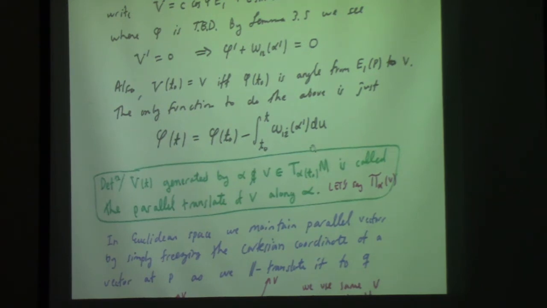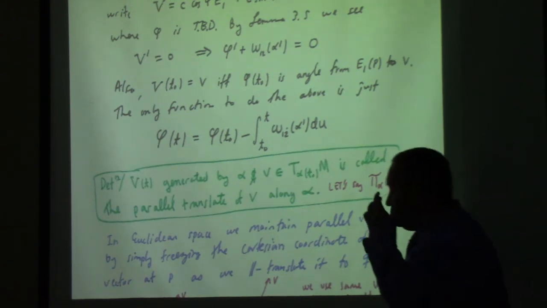And so we do parallel translation all the time in Euclidean space. We don't even think twice about it, right? How do we do parallel translation in Euclidean space?